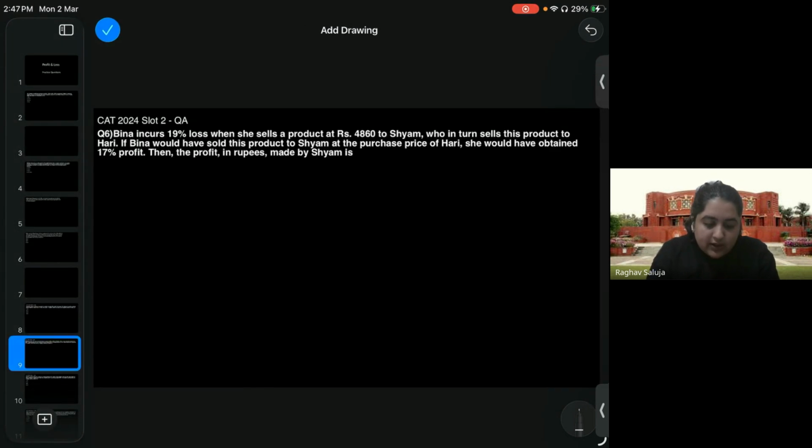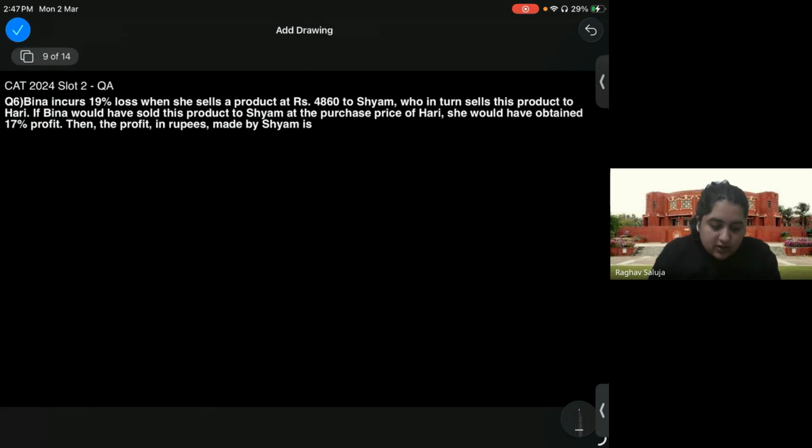Now let's come to CAT 2024 slot 2 question. So Beena incurs 19% loss when she sells a product at rupees 4860 to Sham. So first, let's tackle this line. Beena incurs 19% loss.